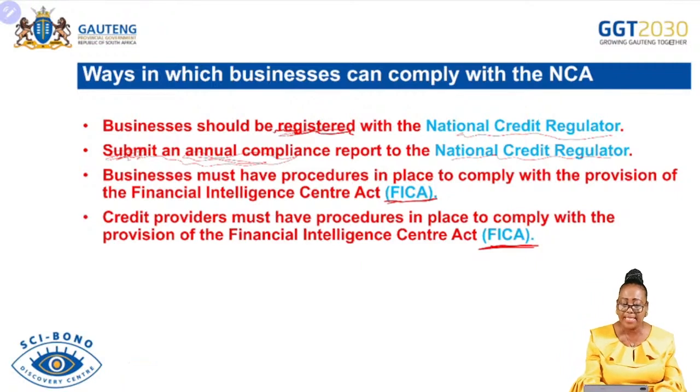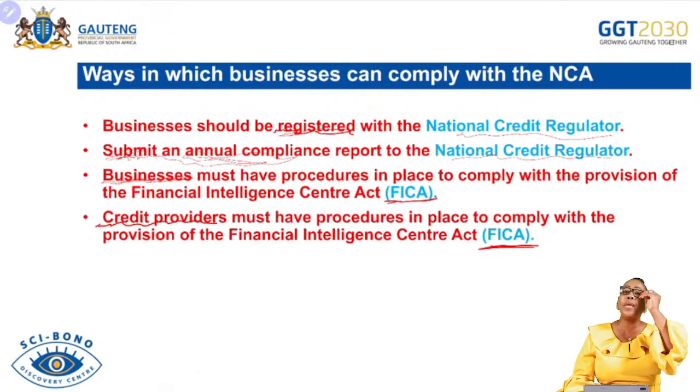How so? Business must have procedures in place. Now they talk about the business. I've just indicated that there must be procedures. They must not just give credit as they please. I wonder if I'm making sense. Again, this FICA also speaks to credit providers.